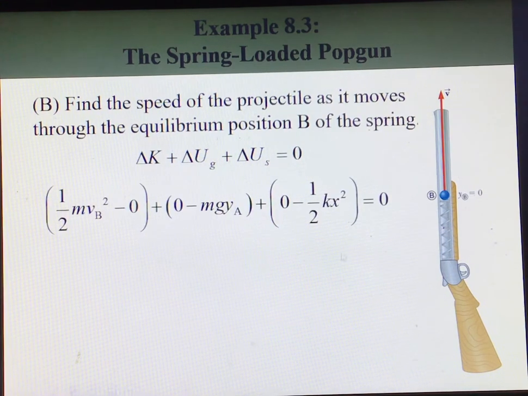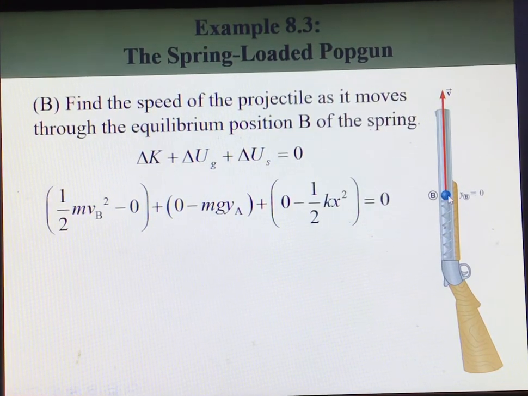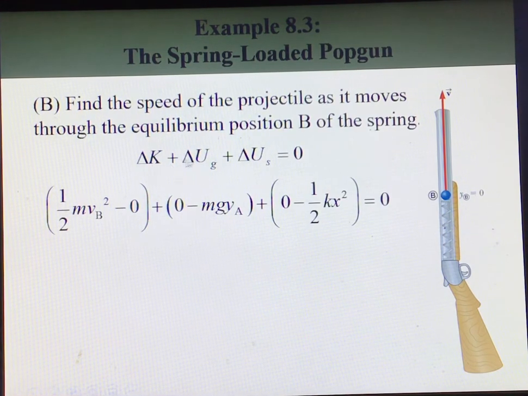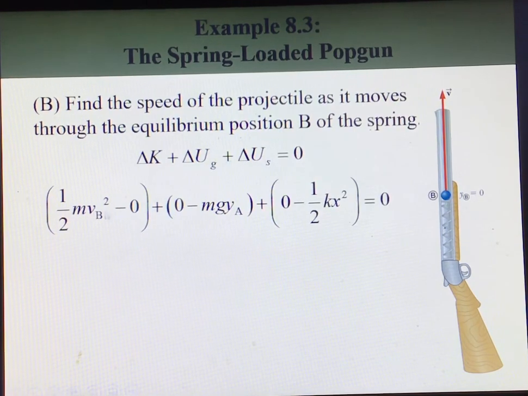Now, we want to find the speed of the projectile as it moves through the equilibrium position at point B. What is the speed of this projectile just at the point where it passes point B? Again, I can write this equation as the change in the kinetic energy plus the change in the gravitational potential energy plus the change in the elastic potential energy of the spring, all of which must be equal to 0. Because it starts from rest, the initial kinetic energy is 0.